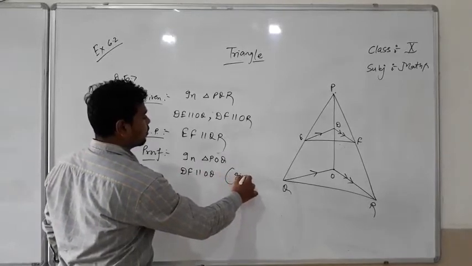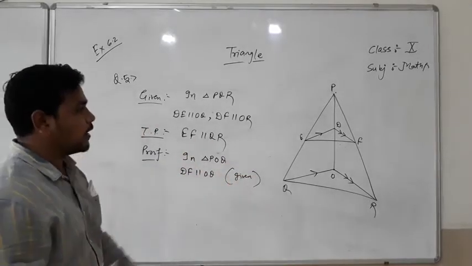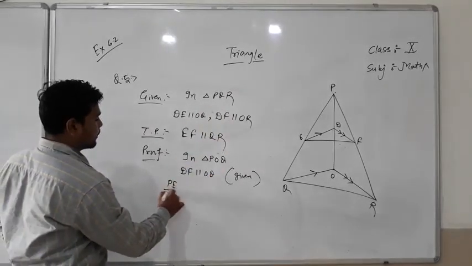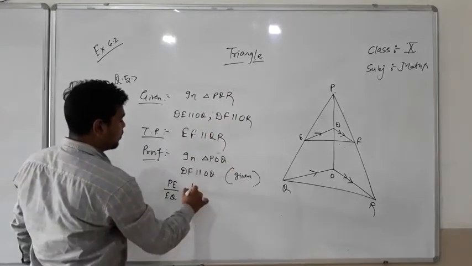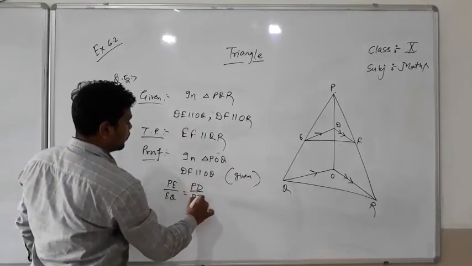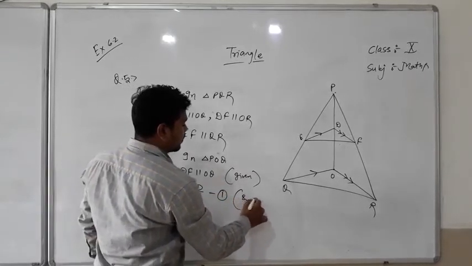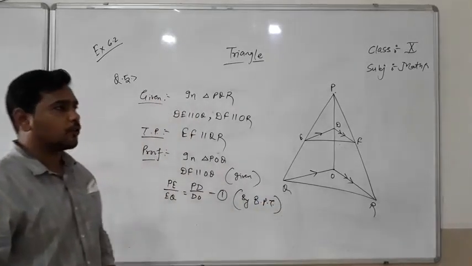That is given in the question. अगर DF QO के पैरेलल है, it means PE upon EQ is equal to PD upon DO. That is the first equation, and that is because of BPT, that is basic proportionality theorem.